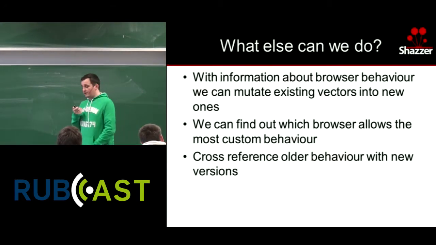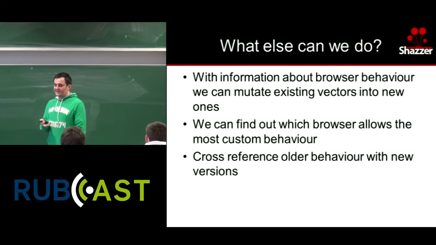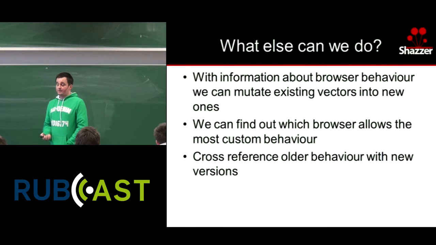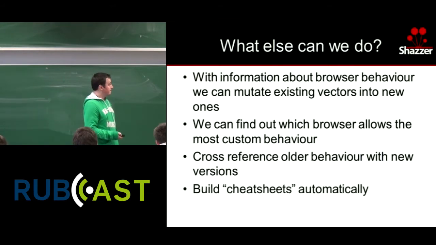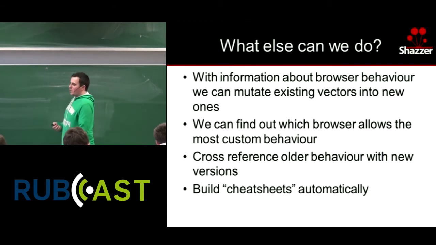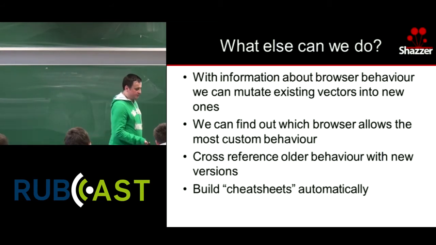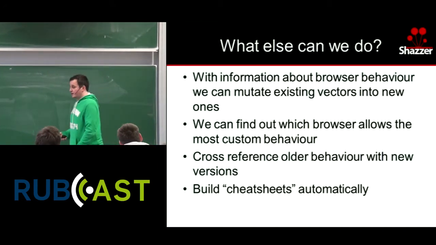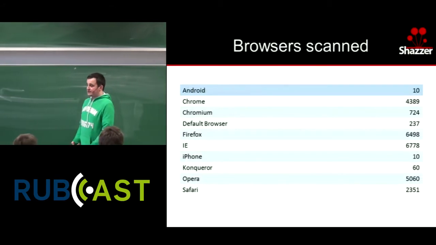So if a new version comes out, we can test that against all the previous data that we have and find out if there's any regressions or anything like that. We can build cheat sheets automatically. So we can build vectors automatically. We can build stuff that crashes, that executes JavaScript, that is undefined CSS behavior. We can build all this automatically.